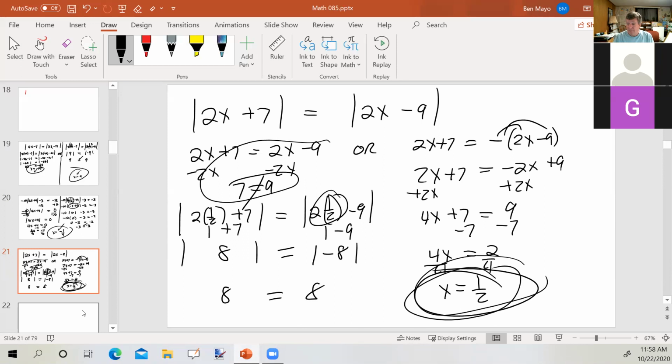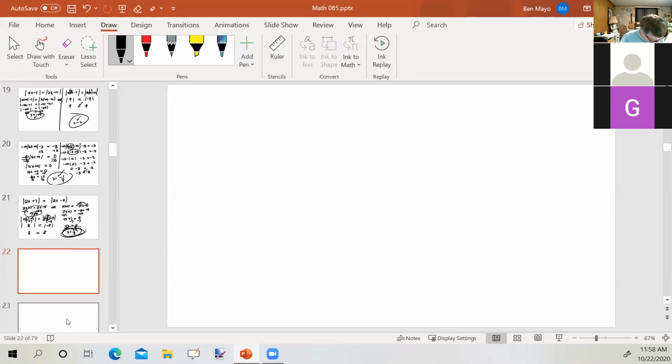All right. Let's see here. How about this one? Negative 75 equals the absolute value of x plus 4. Any thoughts?